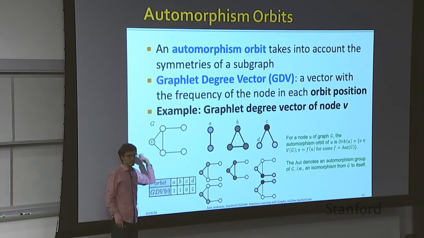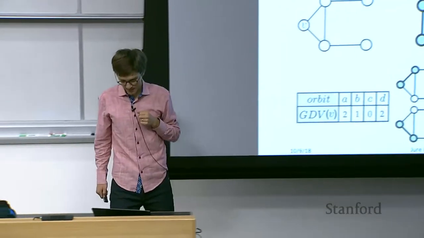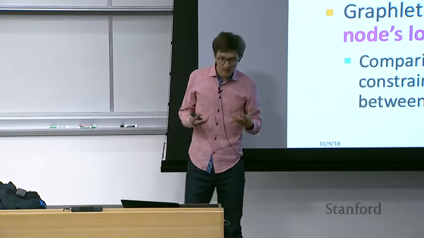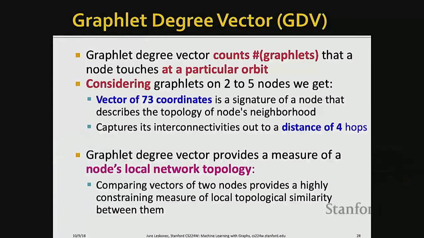If that doesn't make sense, let's talk offline. Okay? So now I showed you how to generate this graphlet degree vector for a given vertex. And the graphlet degree vector gives me the counts of the number of graphlets that the node touches at a particular orbit.